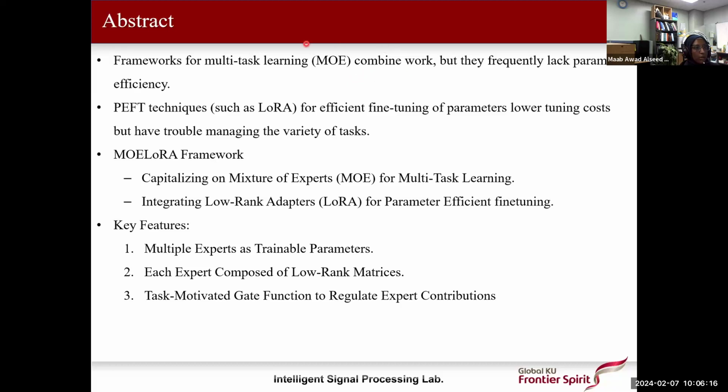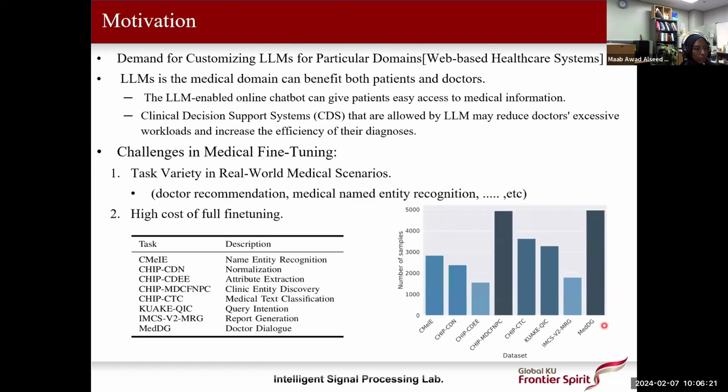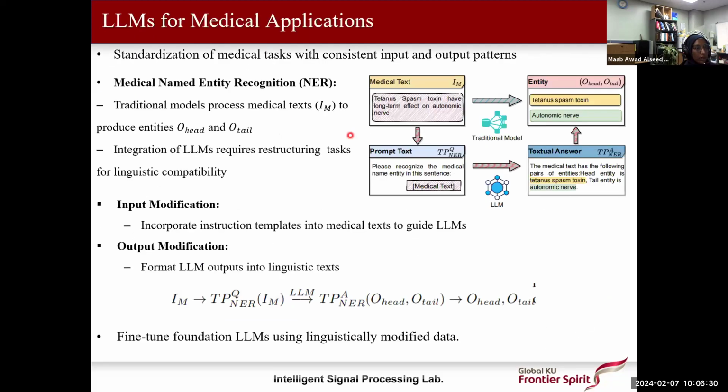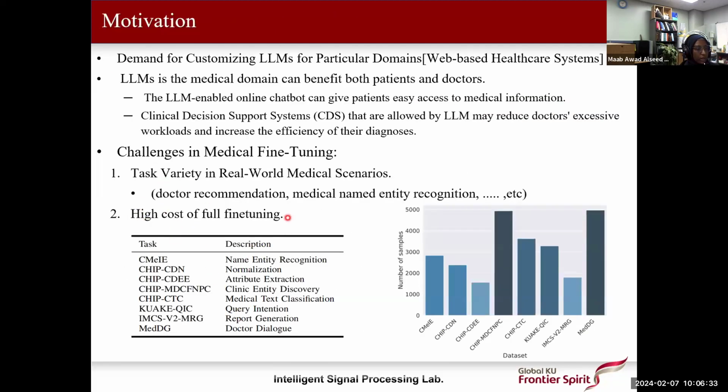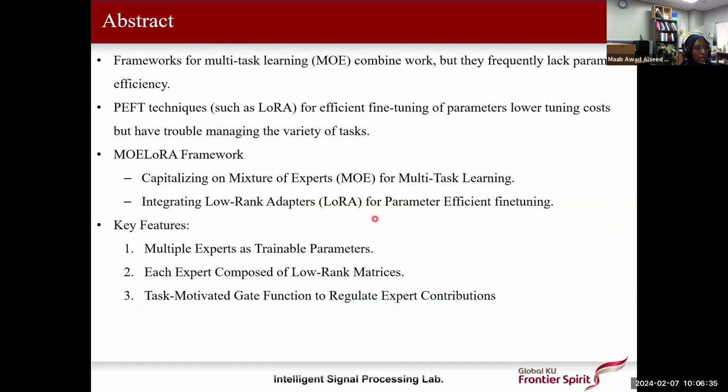But if we use it alone, as I said, it could have some sort of imbalance in the dataset distribution between the tasks. And for the full fine-tuning cost problem, they tried parameter efficient fine-tuning methods such as LoRA, but usually LoRA is used for only one task, and could not be used for a lot of tasks. So how can we fix this?